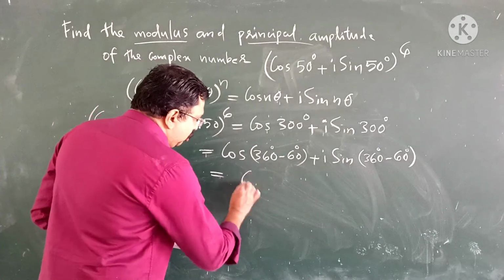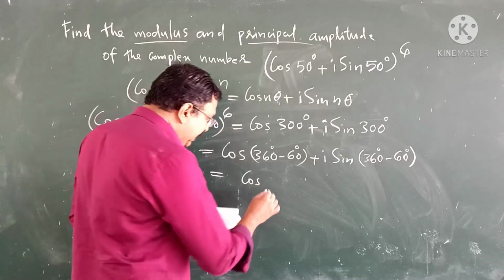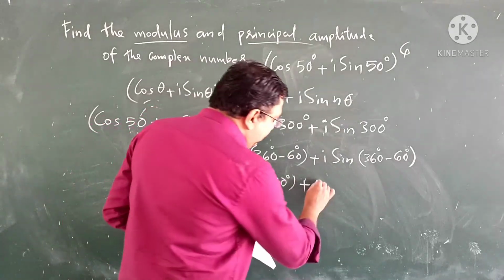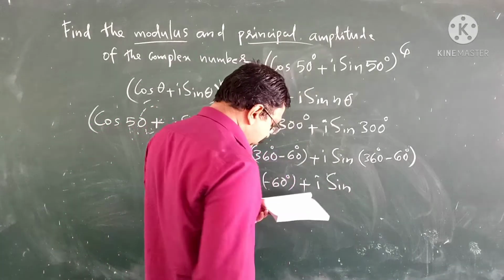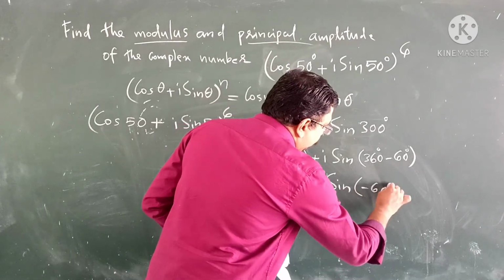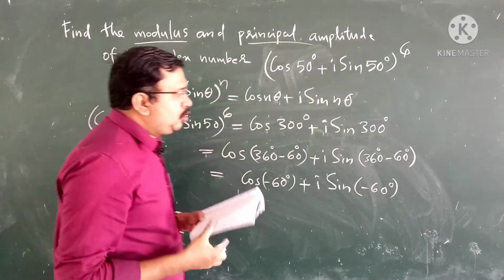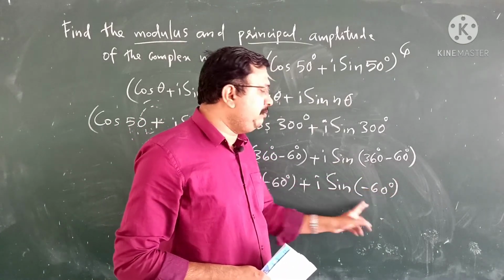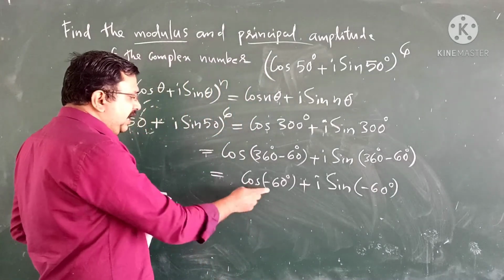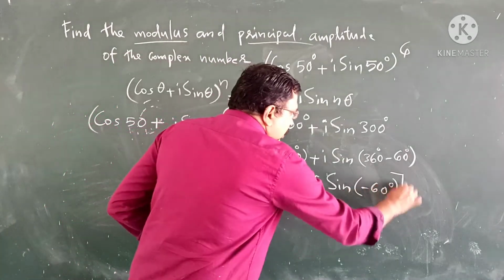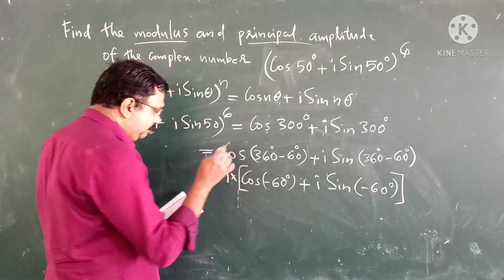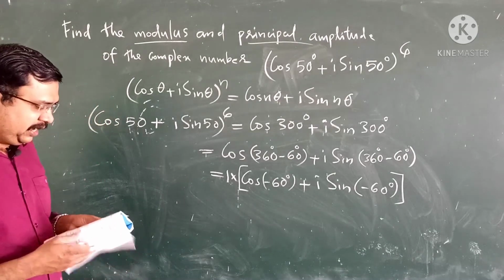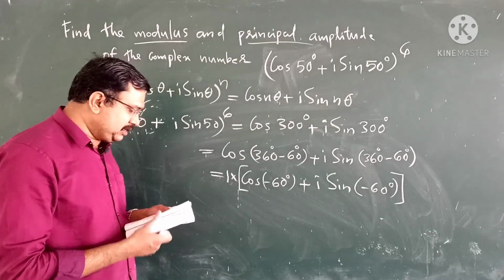Then cos of 360 minus 60 degree is cos minus 60 degree, plus i into sin minus 60 degree. This is a standard result: cos of 2 pi minus theta is cos theta, and sin of 2 pi minus theta is sin minus theta. Therefore this can be written as 1 into cos minus 60 degree plus i sin minus 60 degree.